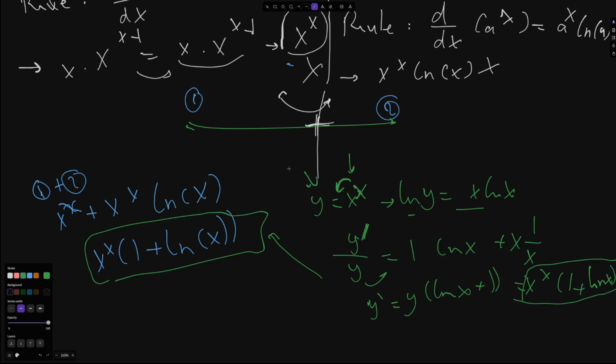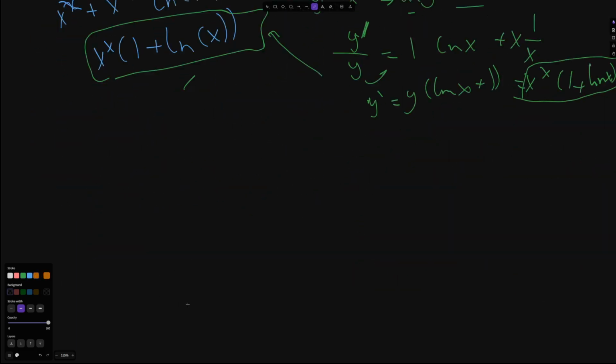Why? Was that luck or was that math? It's not magic. It's a part of calculus called multivariable calculus, where we replace the base with u and the exponent with v.